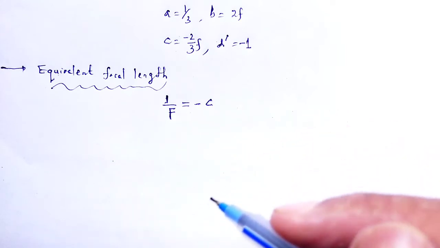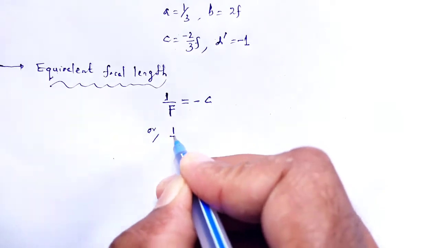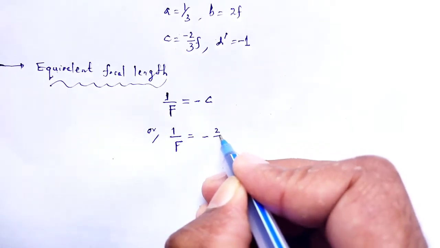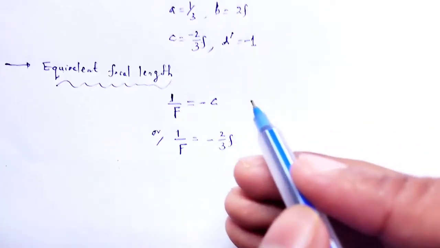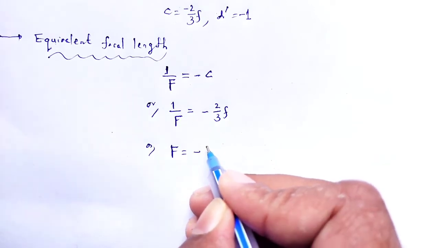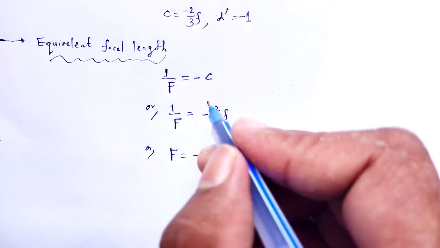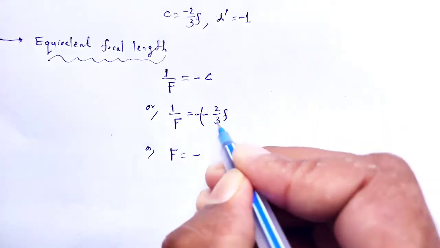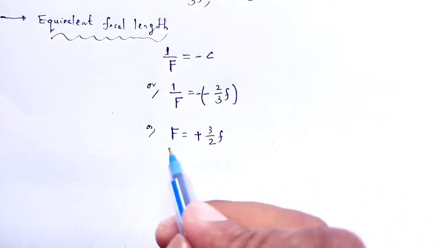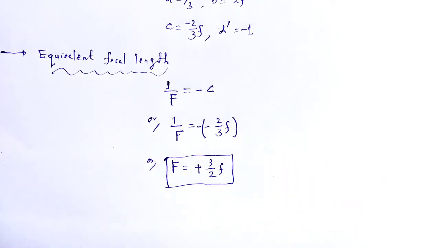These formulas are studied. Here I can use 1 by f is equal to minus C, which is minus 2 by 3f, or f is equal to plus 3 by 2 f, that is the equivalent focal length.